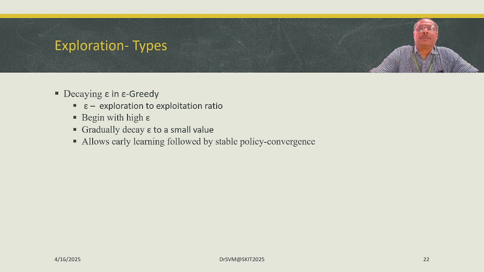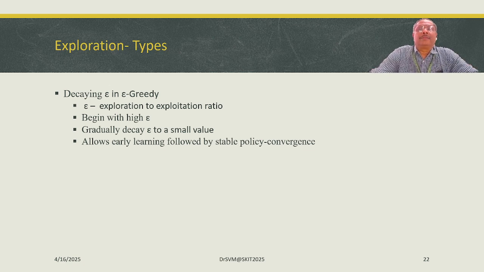Therefore, we want to stress more on exploration rather than exploitation. Therefore, we begin with the highest value of epsilon, that may be 1. That means in a given period, the whole period is dedicated to exploration.